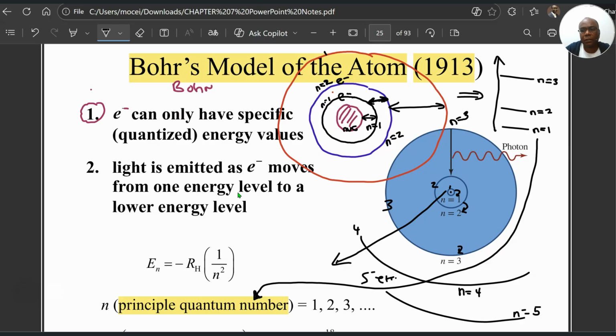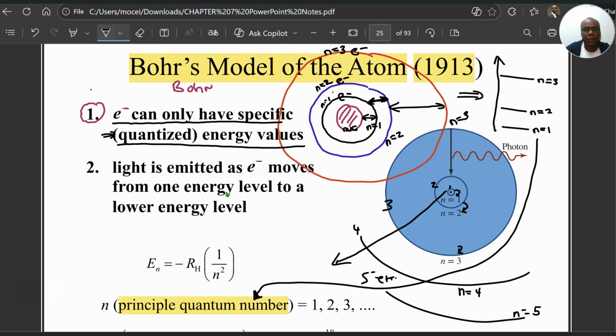And n equals 2 will have a different energy value compared to an electron in n equals 3. So rule number 1: electrons can only have specific quantized energy values. It's quantized because they are not continuous, they're in chunks. Okay, so now they're in steps, so it's quantized.